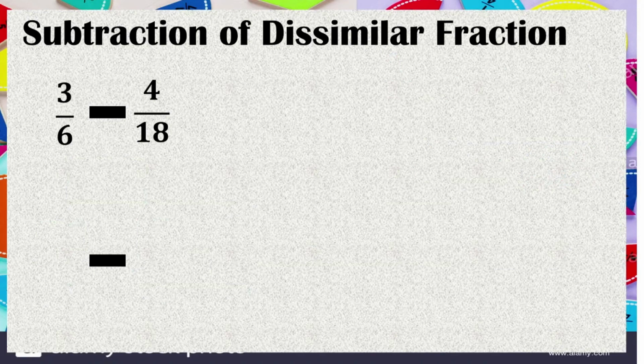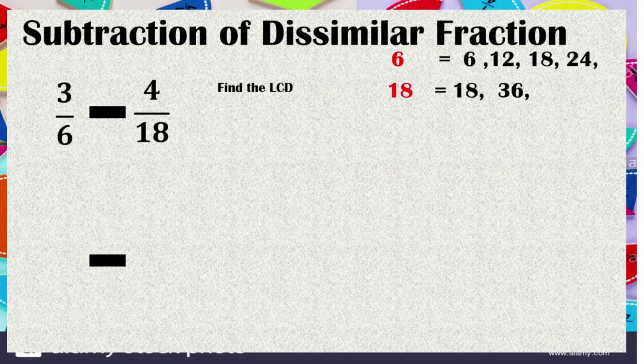Another example, last example. We have 3 over 6 minus 4 over 18. Let us find the LCD ng 6 at 18. Okay, 6, 12, 18, 24, and 18, 36. So what is the LCD or the LCM? We have 18. So we are going to use 18 as the denominator.